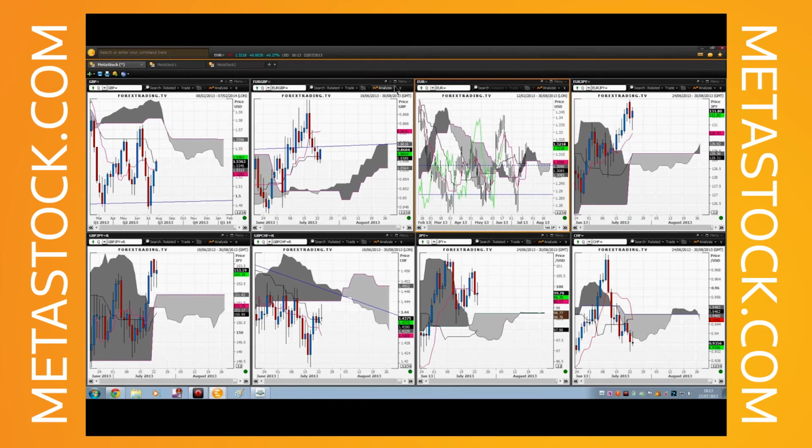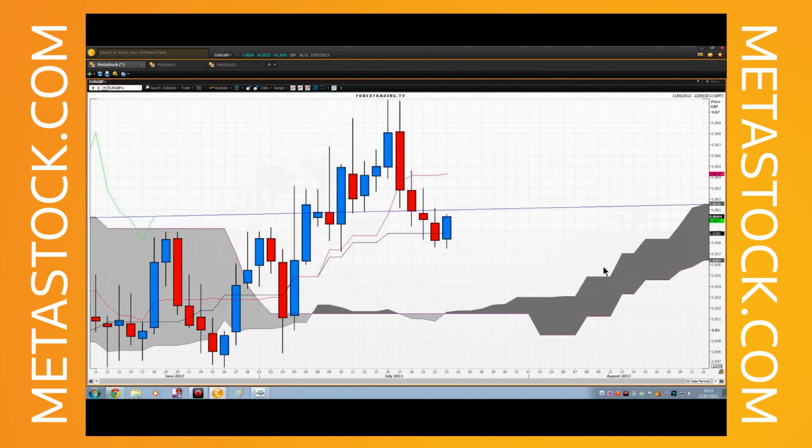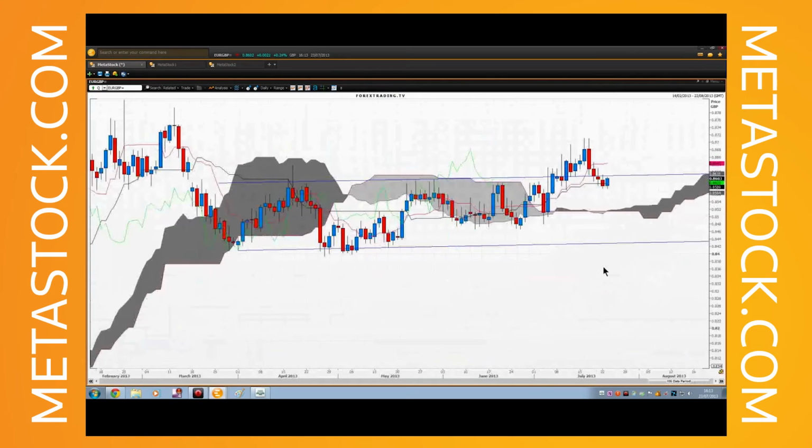Looking to another currency that might be a bit interesting and a bit more difficult to look at, I thought we could look at euro sterling. Again, a daily chart. And again, I think you'll agree with me that we've been trading sideways for an awfully long time, which has meant that the cloud has turned into absolutely nothing.